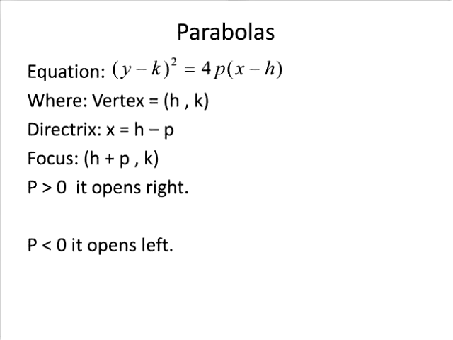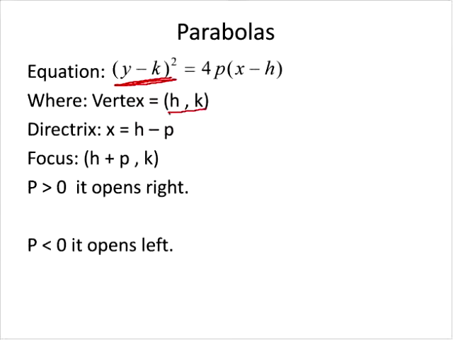Now imagine that it doesn't. It could open to the left or to the right. So if it opens to the left or the right, it's going to have the y first. The y will be squared if it opens left or right. But again, essentially the same thing. The vertex is (h, k).